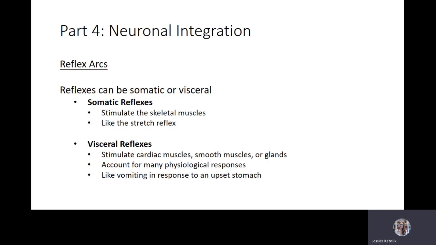So you can see the same components of a reflex arc can be used in visceral reflexes as well. You have the stimulus, you have the receptor, sensory neuron, integration center, motor neuron, effector. So all of these things are going to be in both somatic and visceral reflexes.